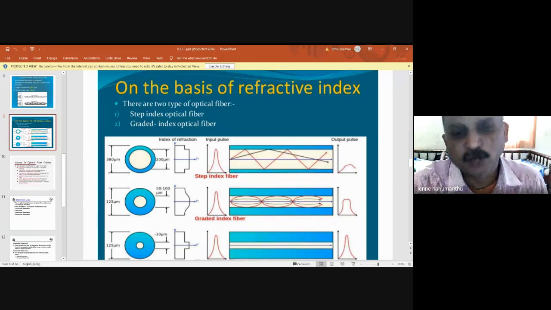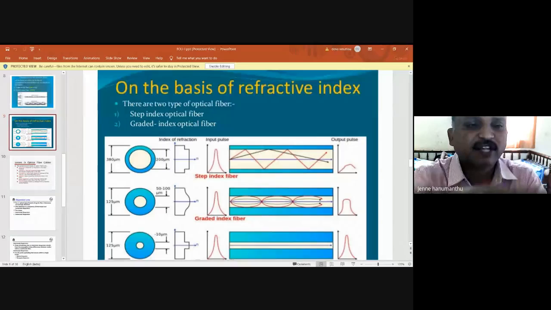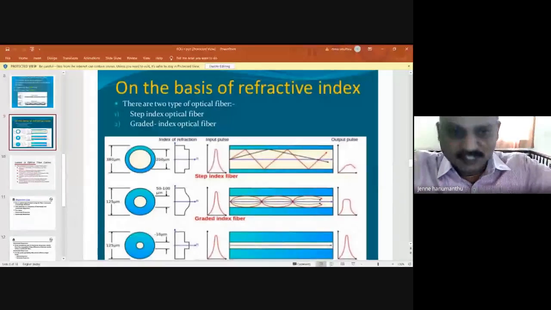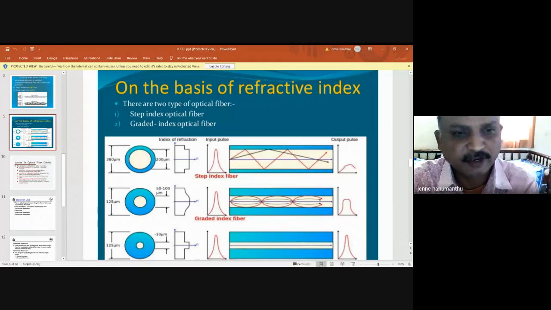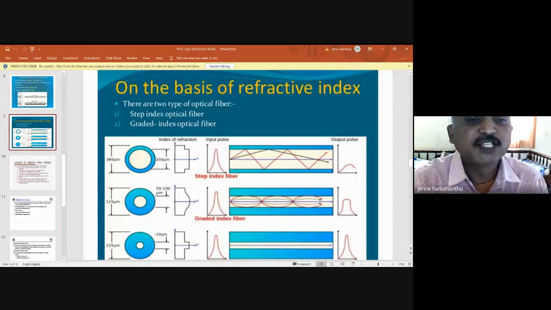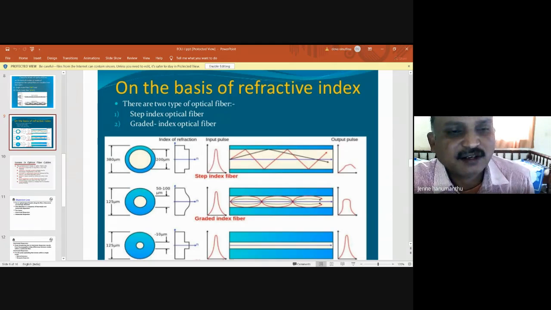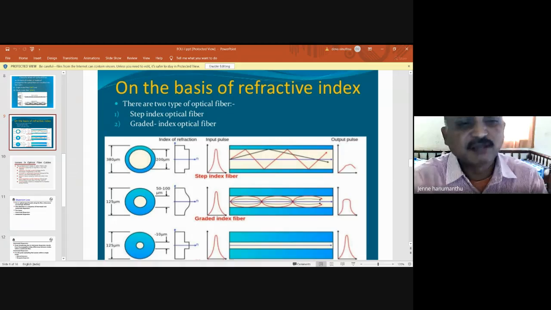I will tell you one more loss. When the fiber cable is straight, no problem, because light enters and propagates throughout the fiber. Suppose the fiber is going to bend somewhere, for example in home appliances or undersea, or anywhere, some cables need to bend, isn't it?